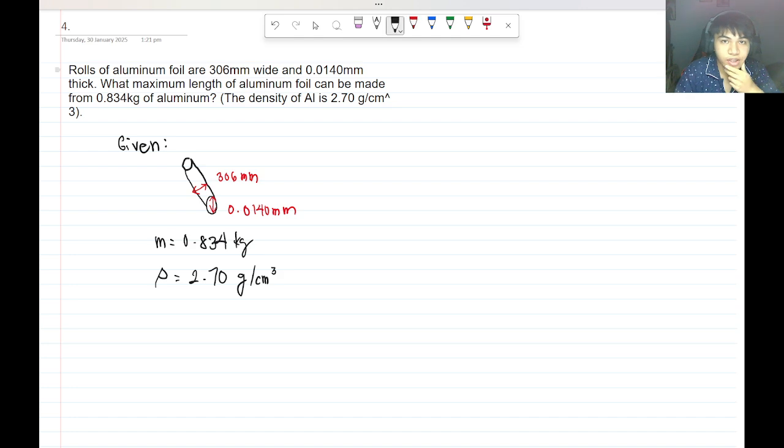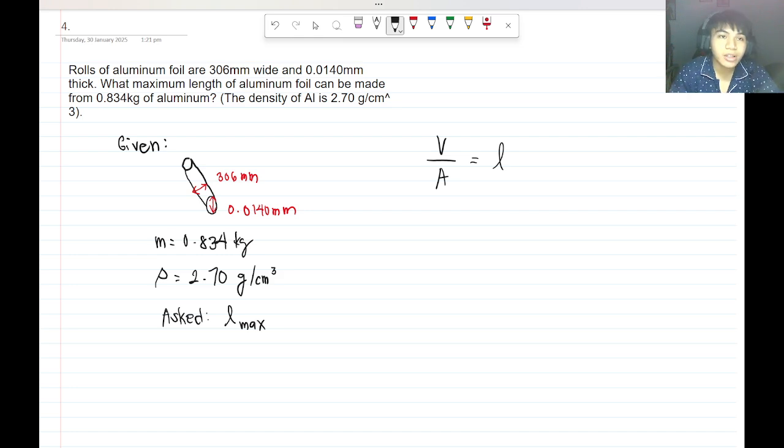And we're asked to find the maximum length. So it's L max. And the idea here is what I've said earlier. It's the volume over the area that will give us the length.